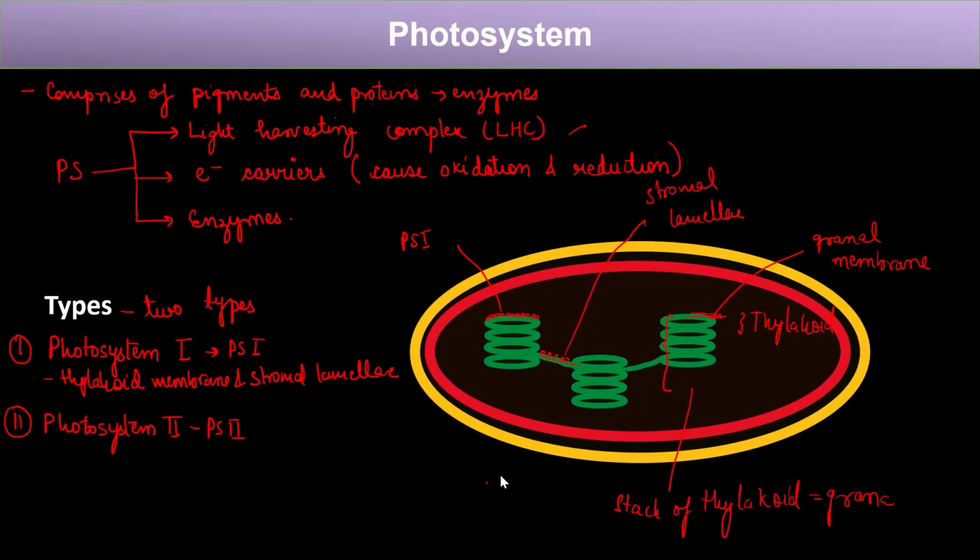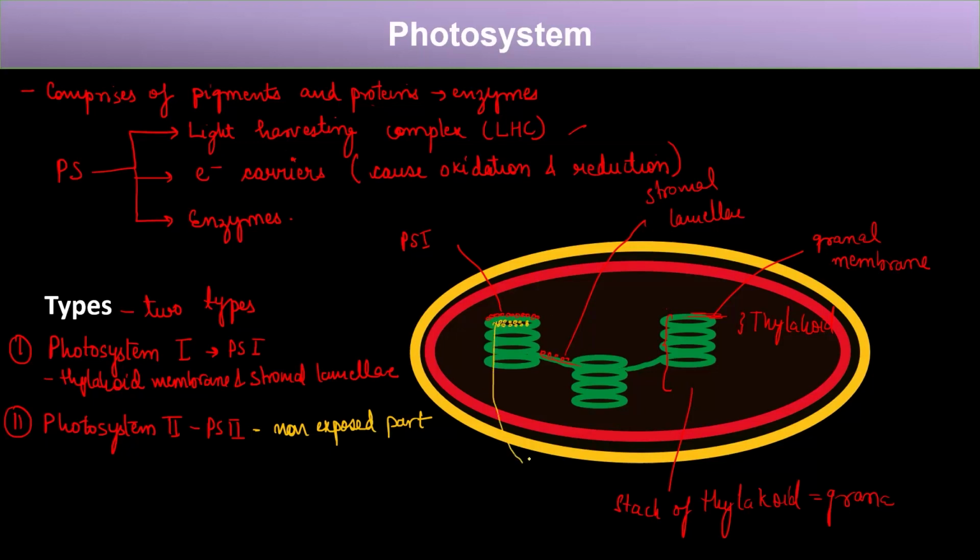Now, where is photosystem 2 present? Photosystem 2 is present in the non-exposed part. Now, if you look at this structure, where is the non-exposed part? Although it is present on the membrane, it is on the non-exposed part. So it will be somewhere like here, right? So it is present in the inner thylakoid membrane.